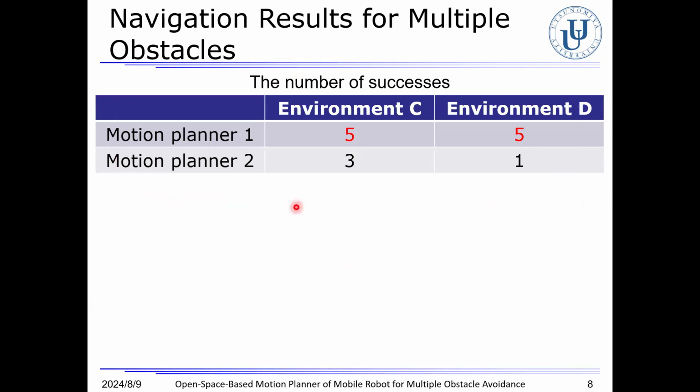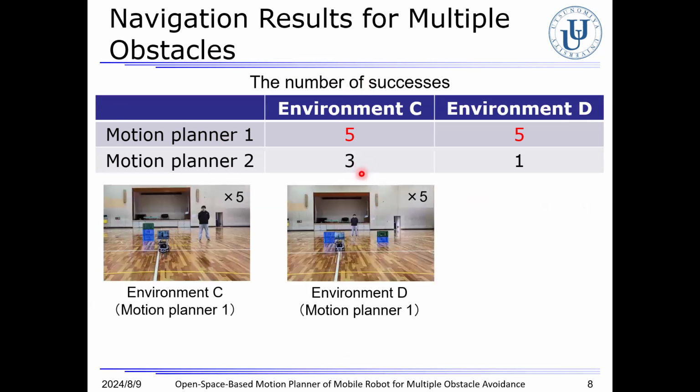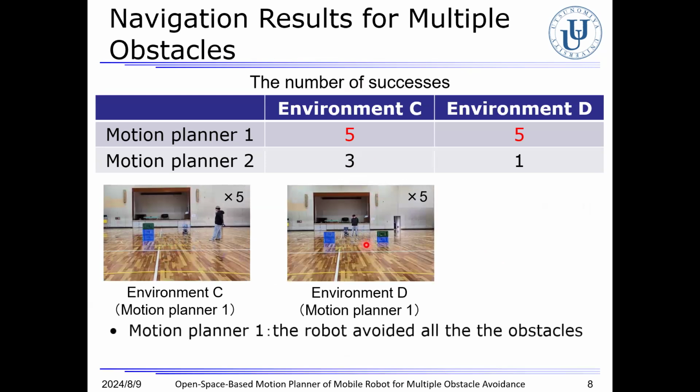Here, this is the navigation result for multiple obstacles. The robot based on the motion planner 1 with the open space image input successfully reached the destination while avoiding the obstacle in all the trials.